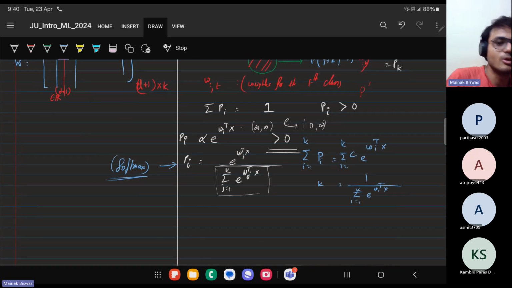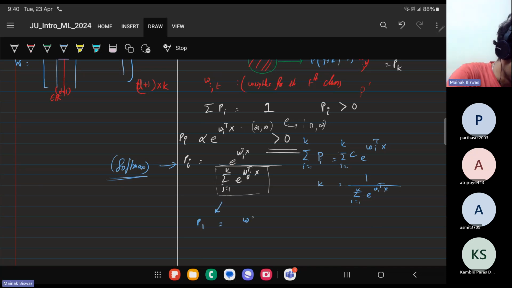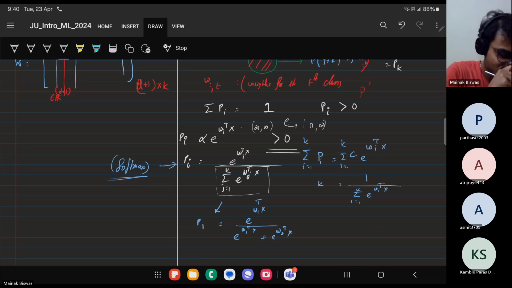Okay. So now you tell me, for k equal to 2, you should be able to show that this is the same as softmax. So if I put k equal to 2, probability of 1 is e to the power of w1 transpose x divided by e to the power w1 transpose x plus e to the power w2 transpose x, right? Yes or no?